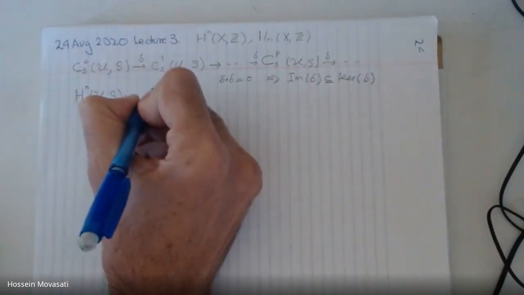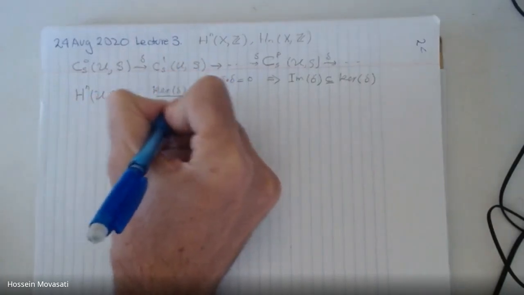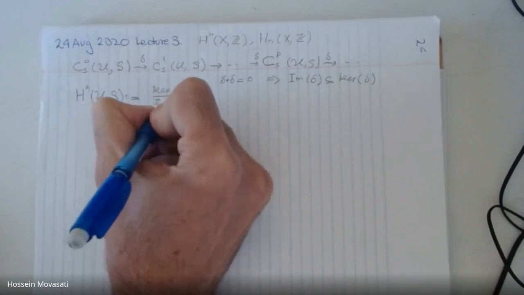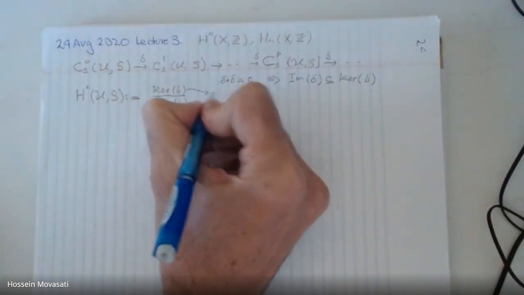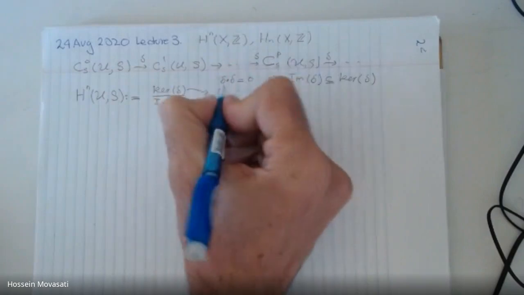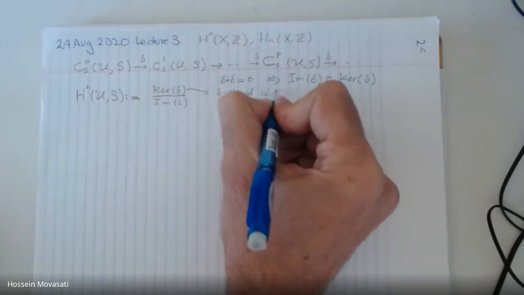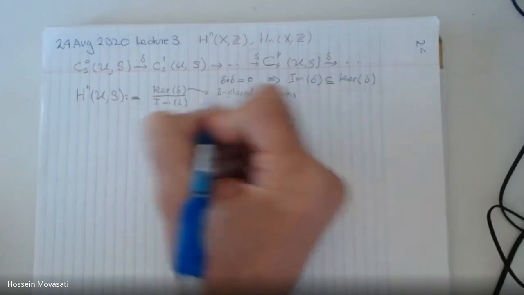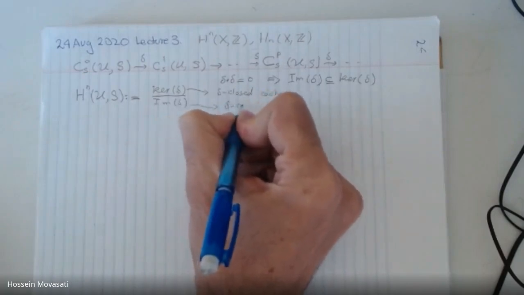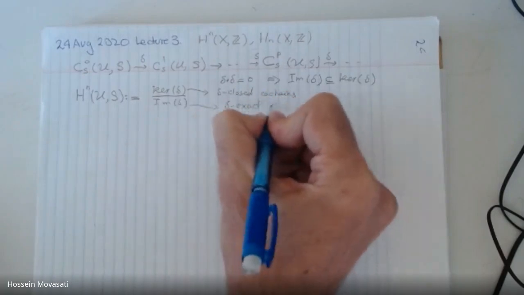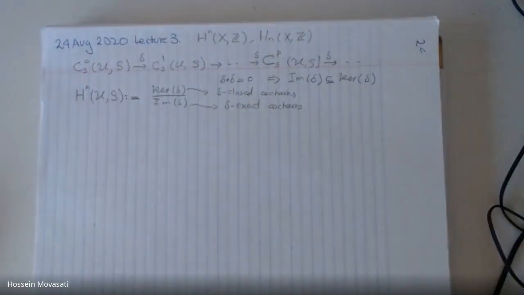For simplicity, I will write kernel delta over image delta. So this consists of delta closed cochains, and this consists of delta exact cochains.